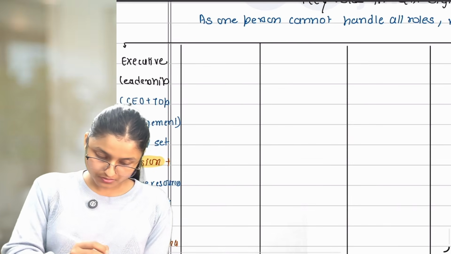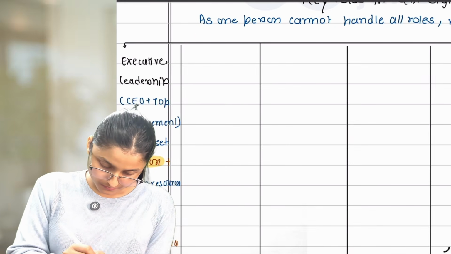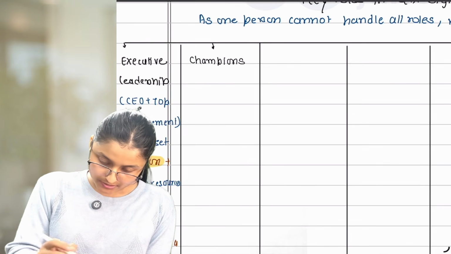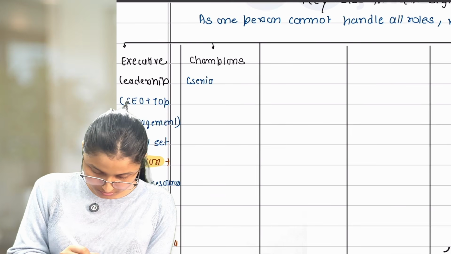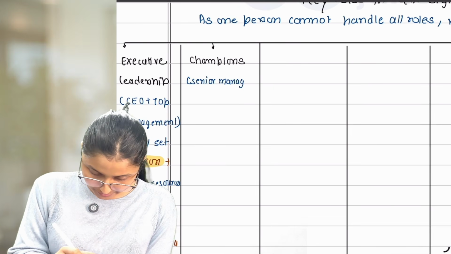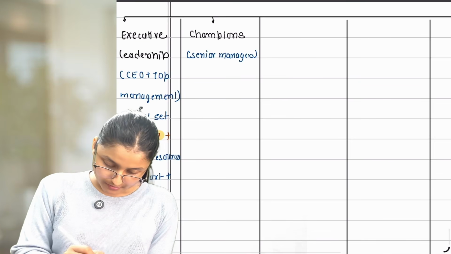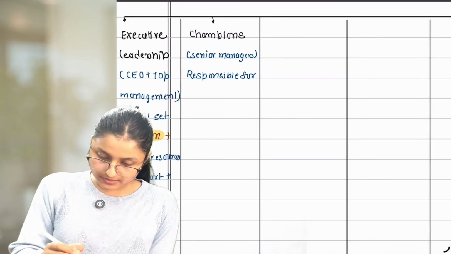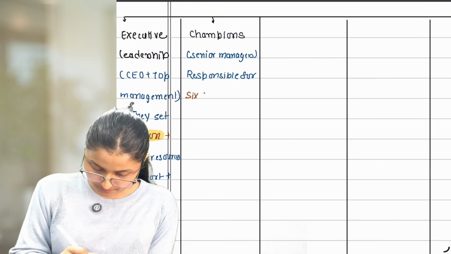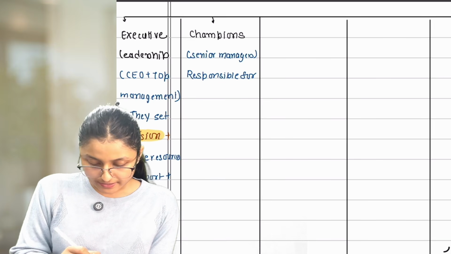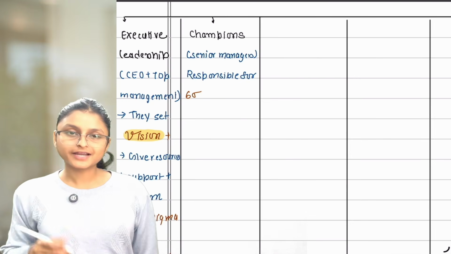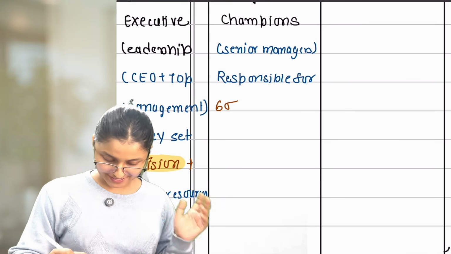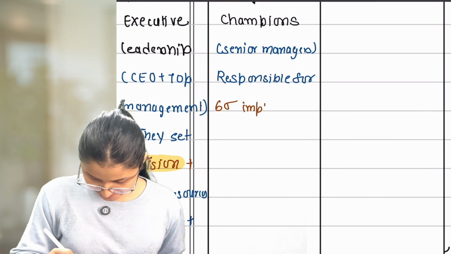Next is champions. Who are they? They are the senior managers of the organization, the plant head or the departmental head, responsible for Six Sigma implementation. I can write Six Sigma like this, why write it in a more detailed manner? We'll write it in short. Implementation.